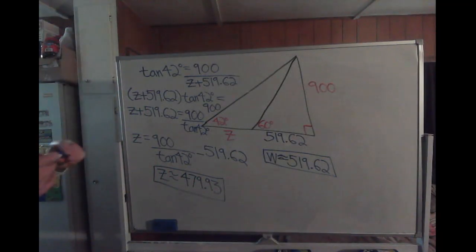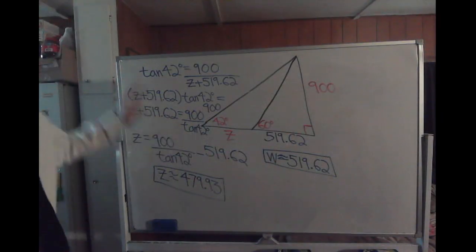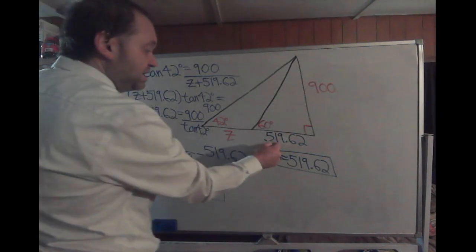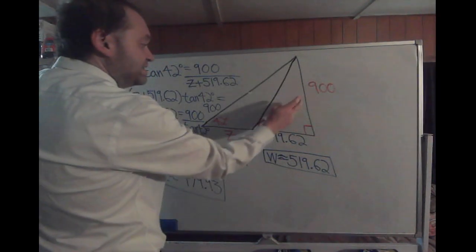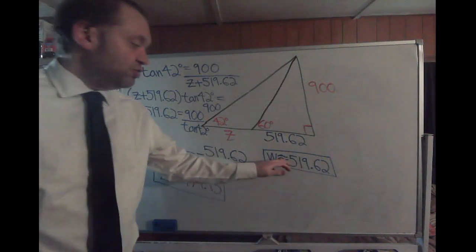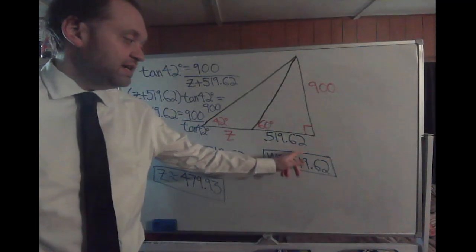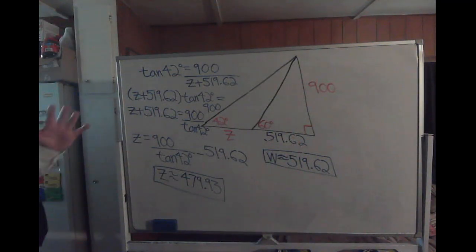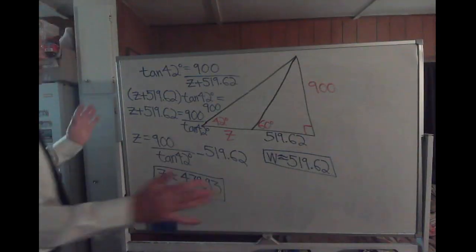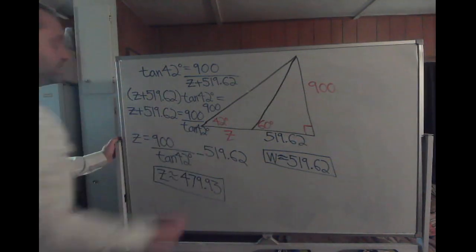So what I did first, of course, I considered these as two separate triangles. We wanted to solve for W, so I only looked at this right side as a 30, 60, 90 triangle. Then I took the decimal approximation. Once I did the radicals, I got W being 519.62. Then in order to solve for Z, I actually have to consider the entire right triangle, meaning this angle's 42.